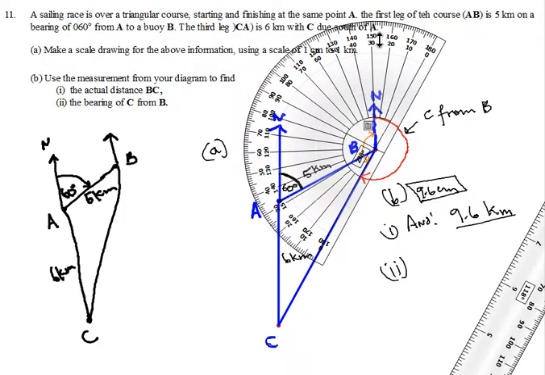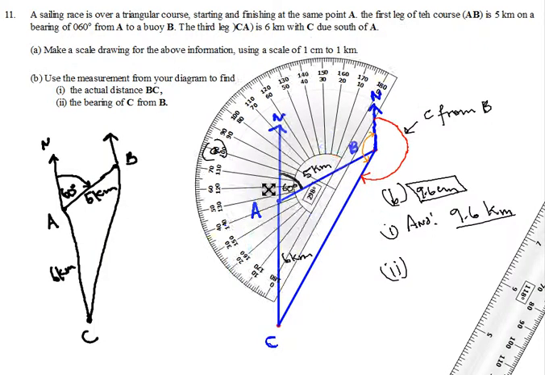Now this is pointing to 150. Why 150 and not 30? This line that I'm starting from, the zero is on the outside, so you have to use the outside numbers because you're going to start at 0. So the other leg of the angle, which is this north line, is pointing to 150 degrees, so that obtuse angle is 150.